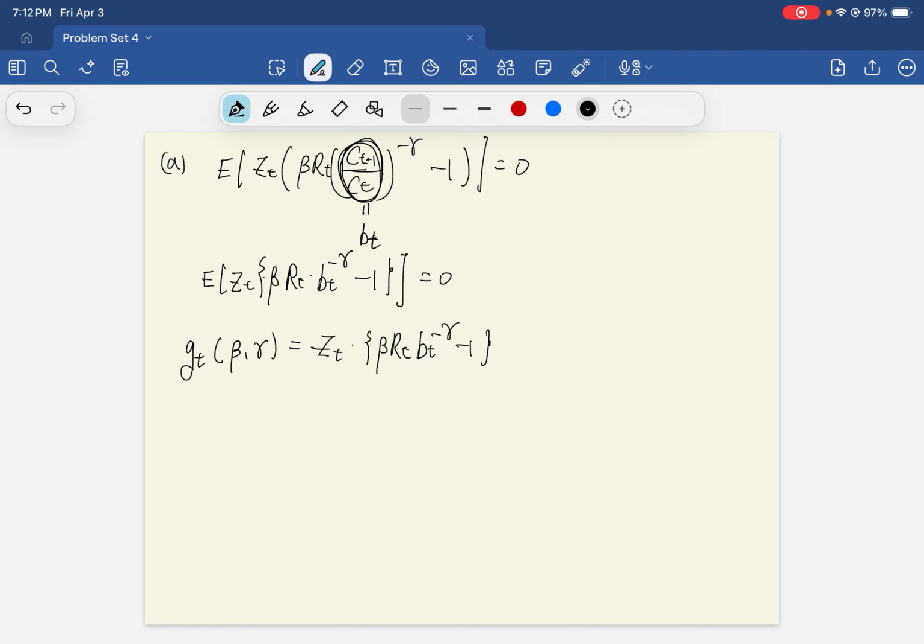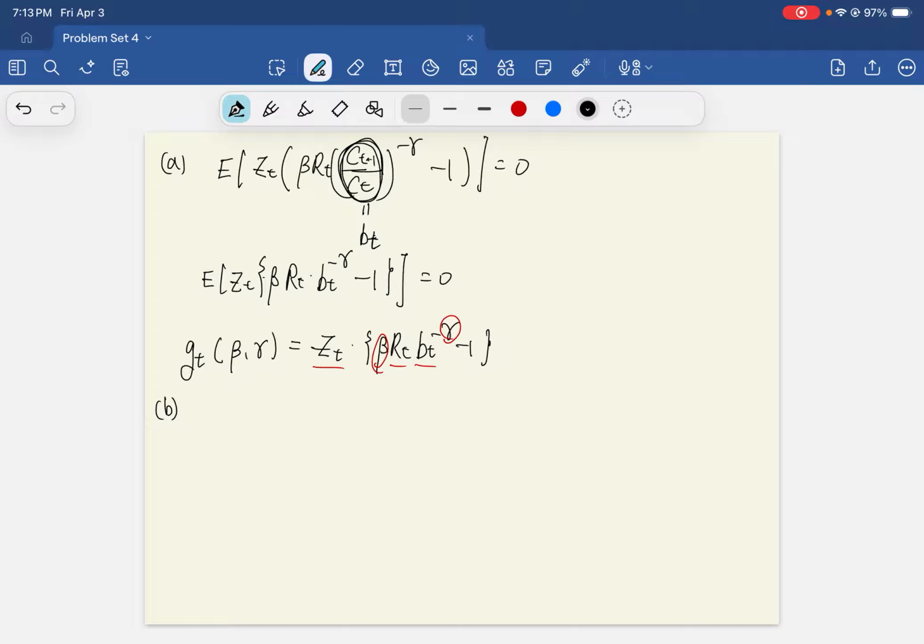That's it. This is the moment function. Of course, beta and gamma are unknown and everything else is observed. Z is observed, the interest rate, B is the consumption growth rate, all observed. Now from now on, it is simple algebra.